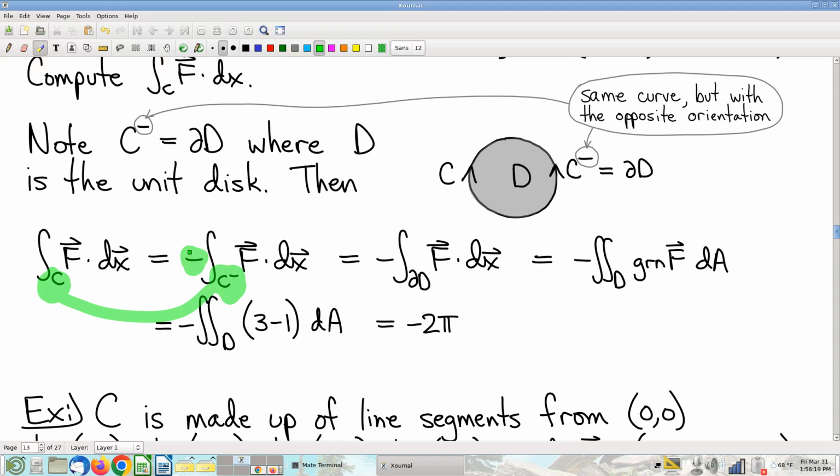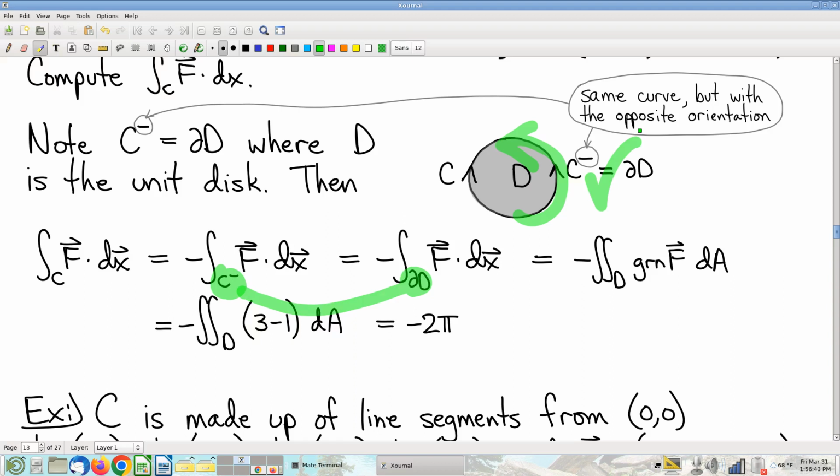Okay. So, C minus. I like this curve C minus. I've got my answer written already in terms of C minus. The reason I like the curve C minus is because it is a boundary. So let's recognize that. The whole point of rewriting in terms of C minus is because C minus is a boundary.